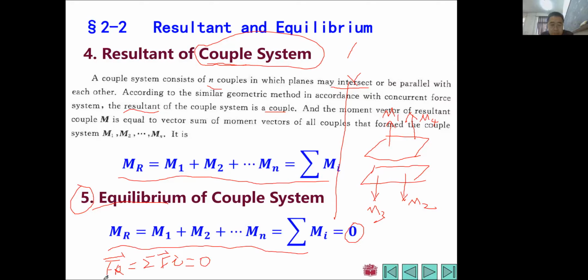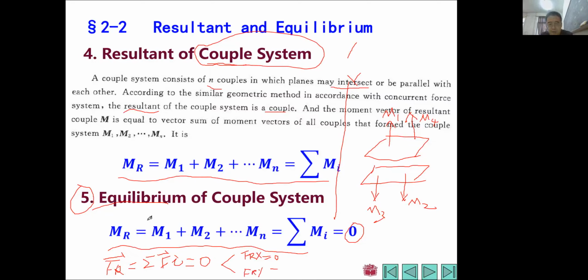That's the equilibrium condition of a concurrent force system, which can be changed into two scalar equations, that is Frx equals 0, right? And Fry equals 0. Actually, we have used this condition to solve some examples together today.